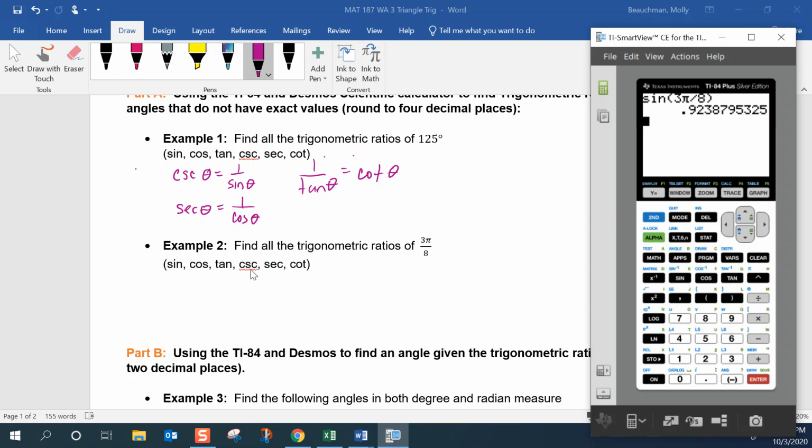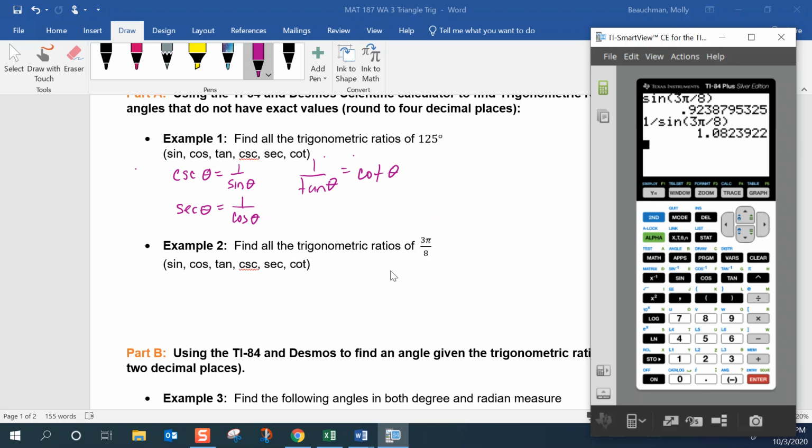If we want to find the cosecant, we have to take 1 divided by the sine. So we're taking 1 divided by the sine of 3 pi over 8 for the cosecant. Then you would do the same thing for cosine, then secant, tangent, cotangent.